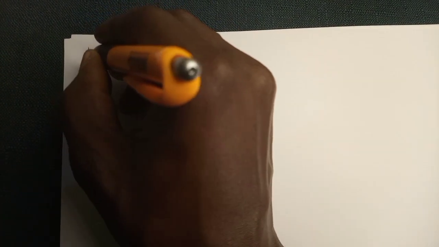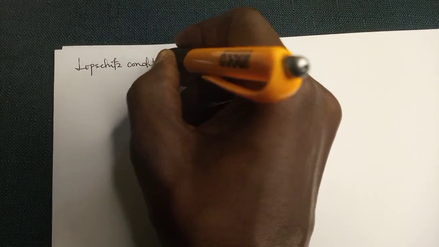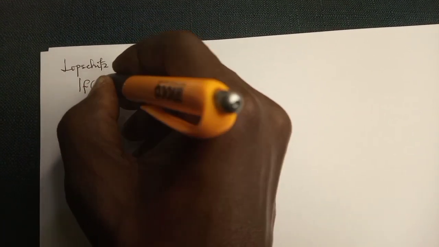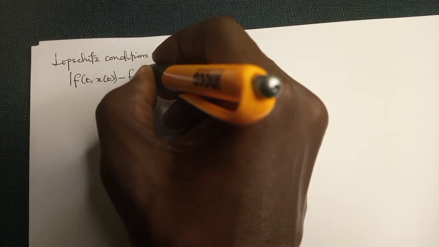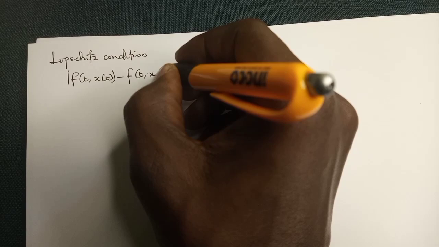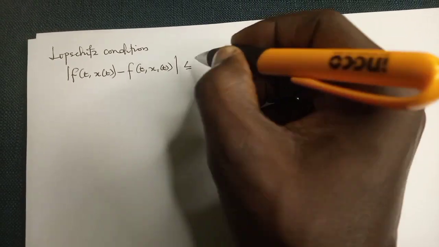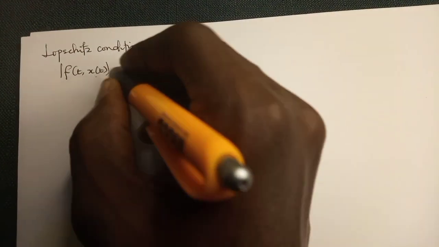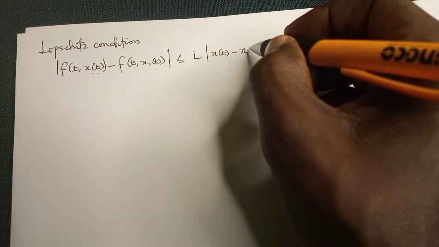For the Lipschitz condition we have |f(t, x(t)) minus f(t, x1(t))| should be less than or equal to the Lipschitz constant times the absolute value of the difference of the two functions, so we have |x(t) minus x1(t)|.